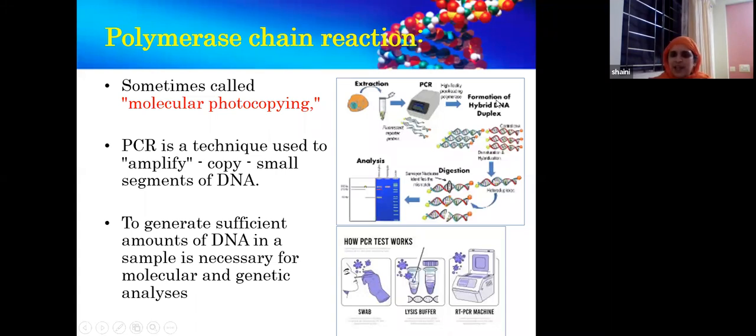Inside the PCR machine, amplification happens, and the probe is also put inside the PCR machine. The only thing you have to do is extract the DNA, put it into the PCR machine with the necessary reagents, and you get the result.